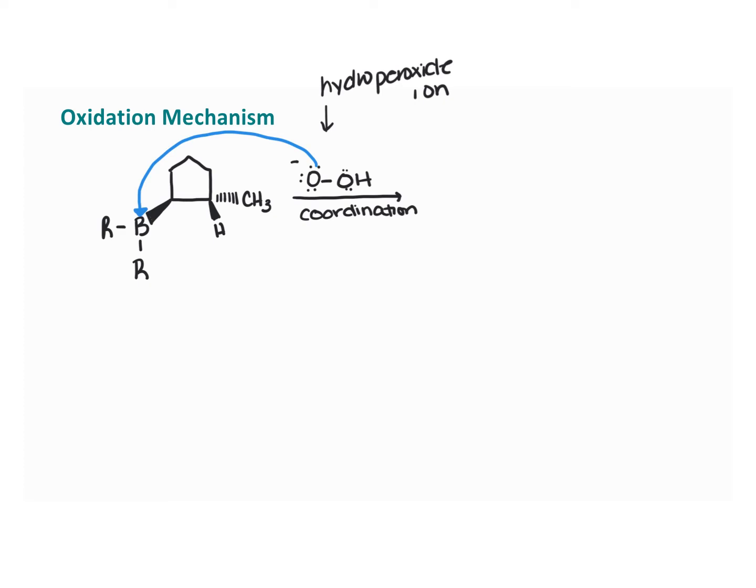So we get that first coordination attack. Okay, now let's go ahead and draw the product there. And I'm going to follow those arrows. So if there's not an arrow drawn to it, I'm not changing it.